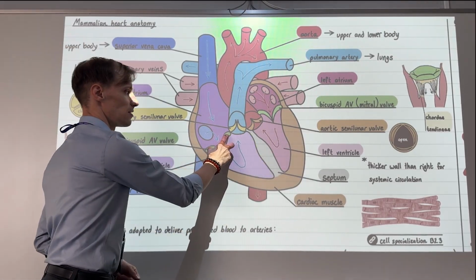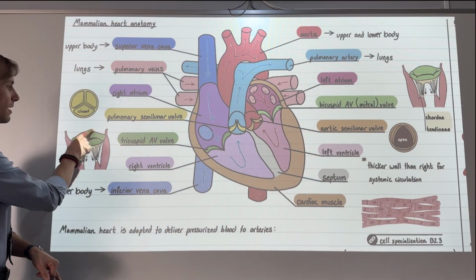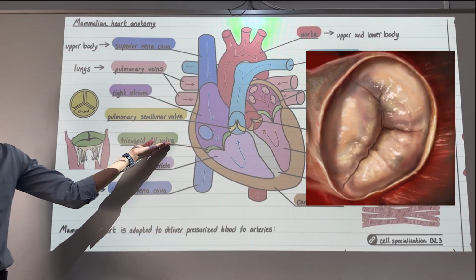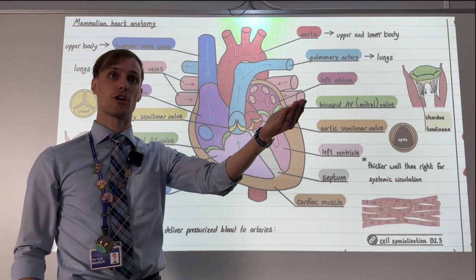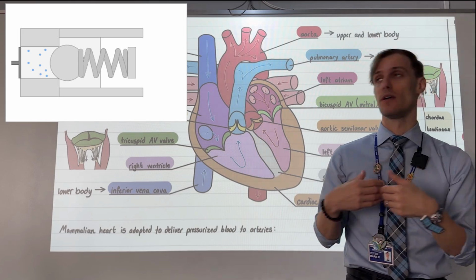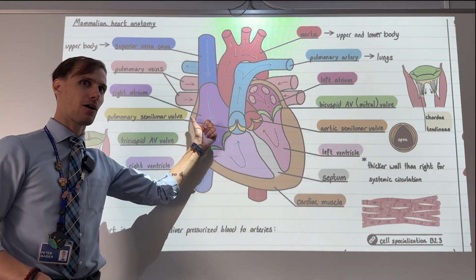But notice that there's something in the way here. That zoomed in is something that looks like this. It's a valve, and we know valves, even when we looked at the structure of veins, allow one-way flow. In this case, I only want blood moving in this direction, not backwards.